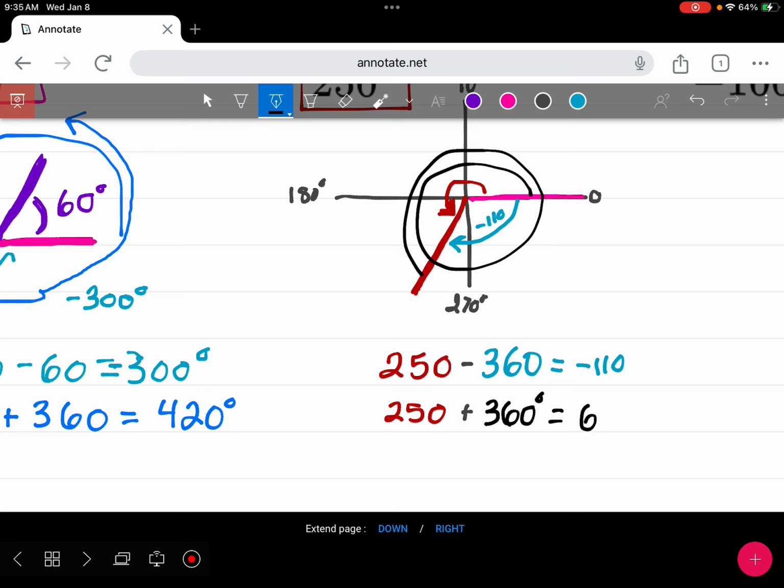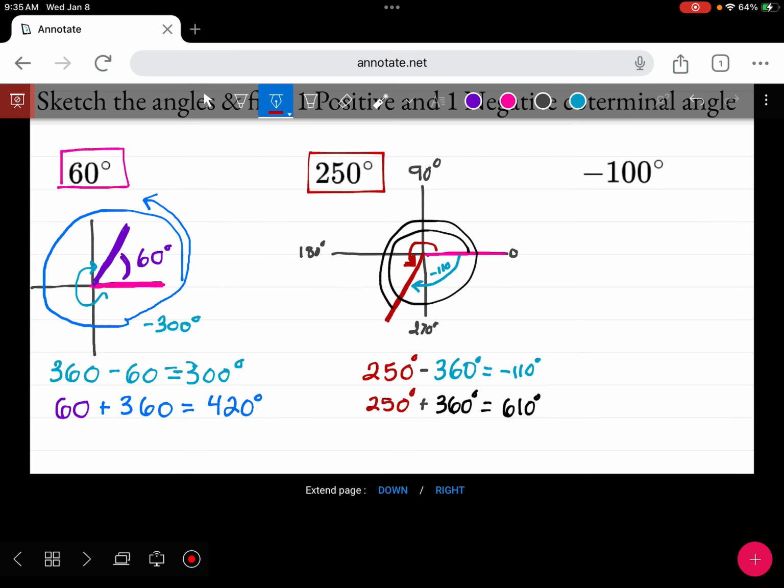So we should get 610 degrees. I should have had degrees on all of these, just forgot. There we go. Okay, so positive and negative coterminal angles. Questions on those ones?